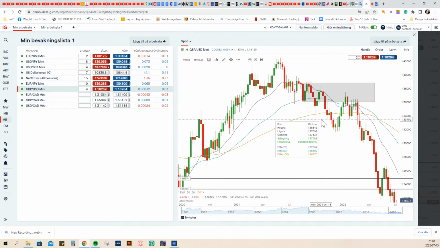And you can see here actually it reacts on this 100 EMA. You can see here it goes up and then goes down again, and once more it pulls back up here.